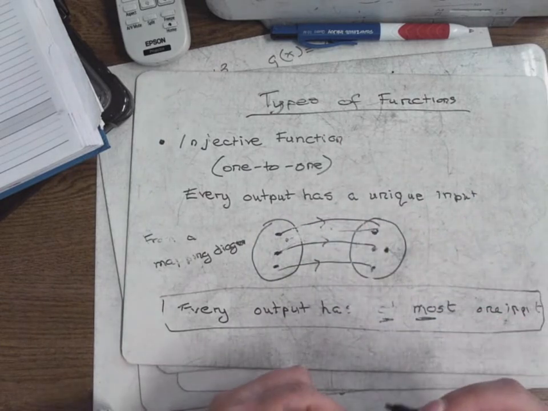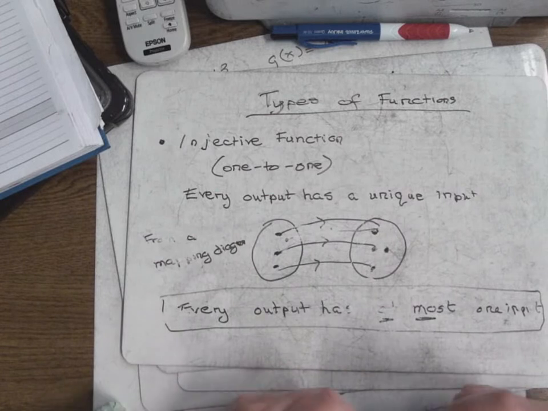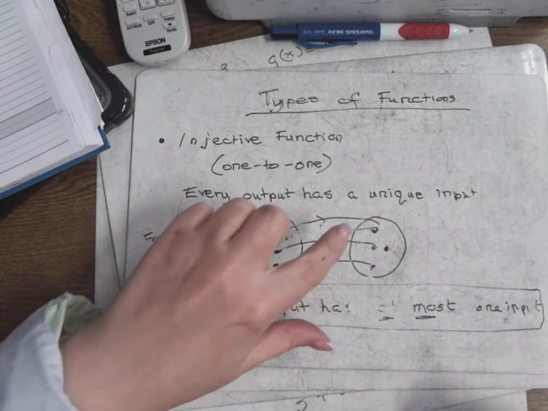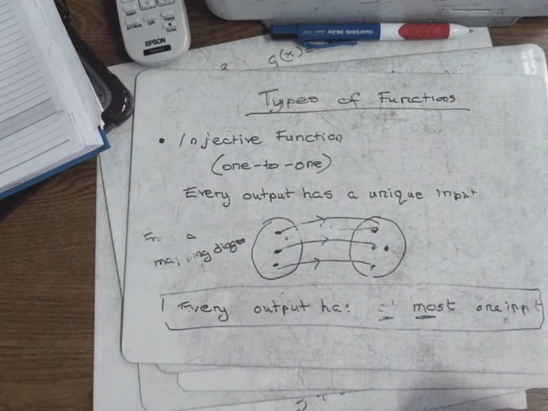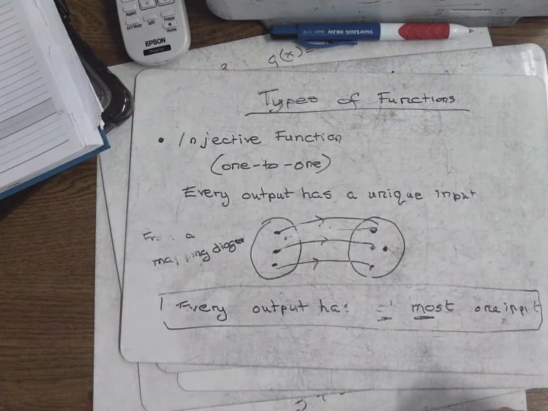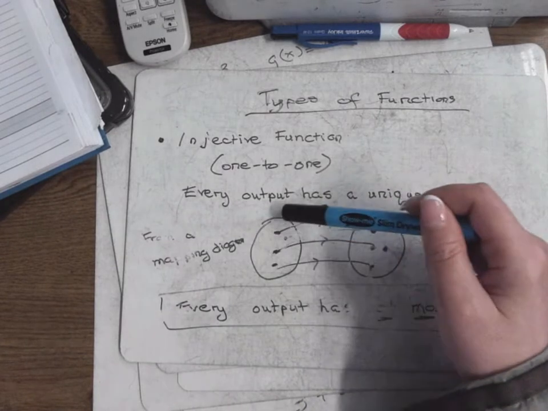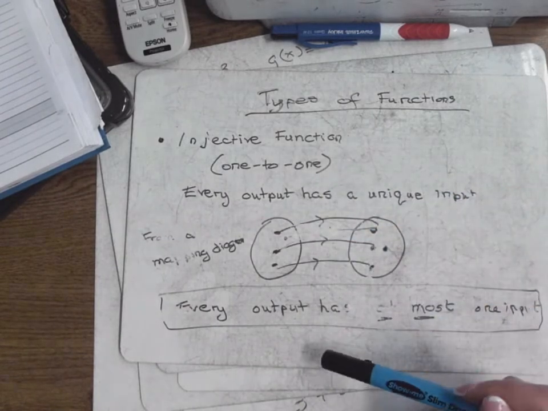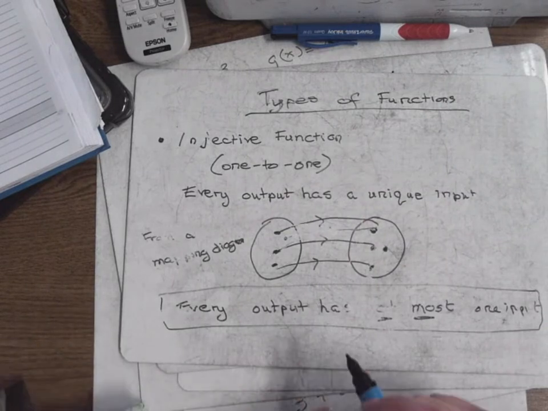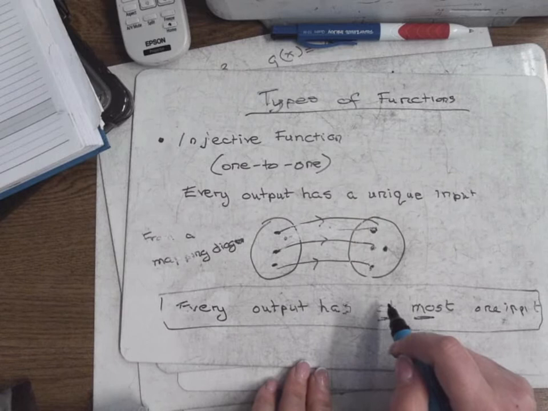So every output has a unique input, and it's okay if they've no input. But you can't have two arrows coming in. It's okay if there's no arrow coming in, but there can't be two arrows coming in. Is that okay? Or more than one arrow coming in. So every output has at most one input.